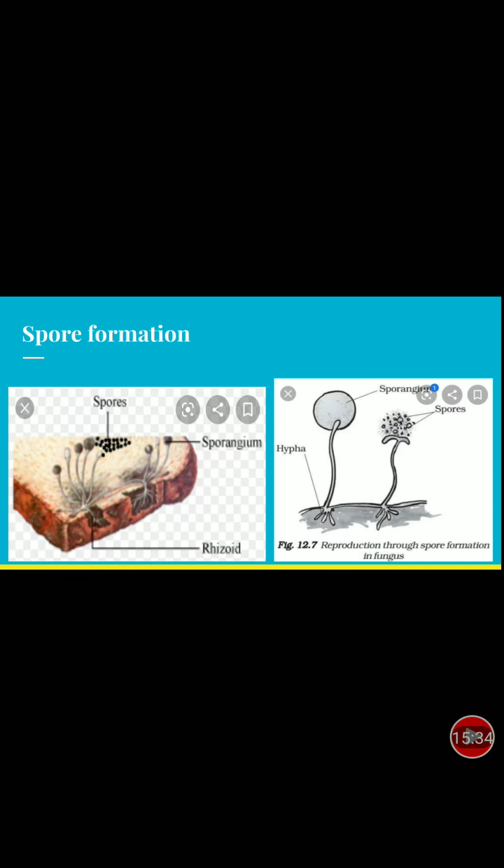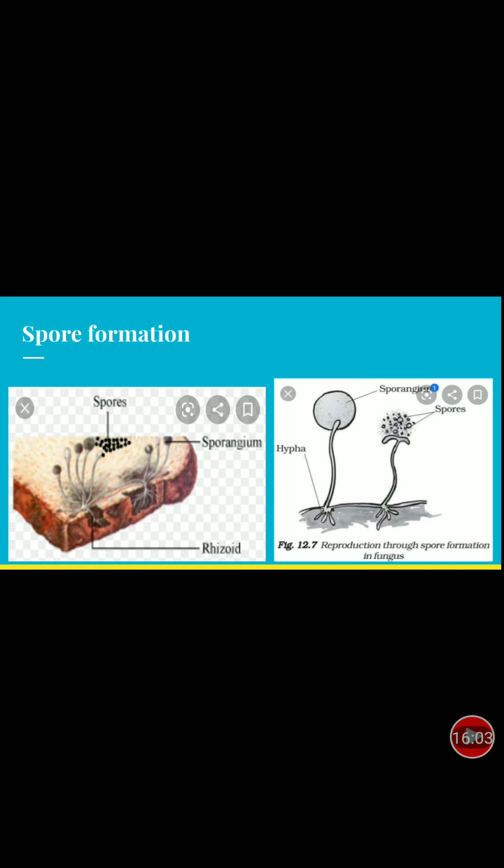The next vegetative propagation is spore formation. S-P-O-R-E formation. Spore formation. You would have observed this when you expose bread for a longer time without use.